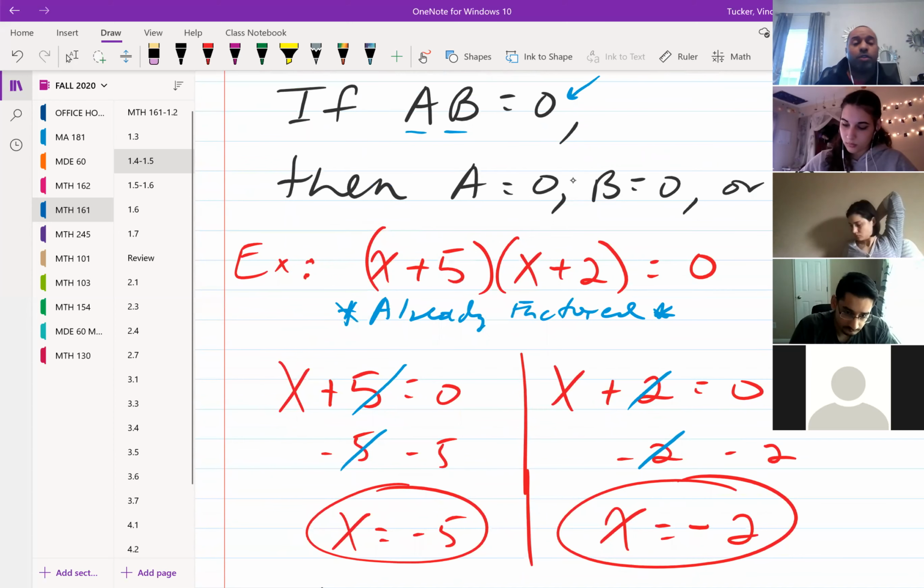In other words, you want your expression to be factored as much as possible. Then you can set each expression equal to 0 and solve for x, and then you have your multiple solutions. So we had x plus 5 and x plus 2, set them both equal to 0. That'll give us x equal to negative 5 and x equal to negative 2 as solutions.